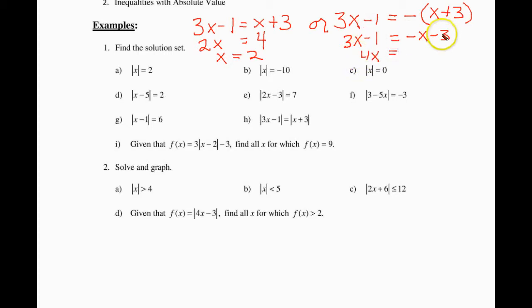Transpose this to this side, it becomes a negative 2, because this on this side becomes a positive 1. And then we divide by 4, we get x equals a negative 2/4, which will be a negative 1/2.